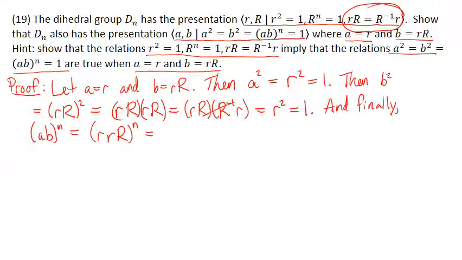So I have r squared there, so this is r squared big R. So r squared is 1, so this is just 1 times R to the n, so that's just R to the n. This 1 is the identity. And then R to the n is also defined in the relations for the dihedral group as being 1, so that's 1. Okay, and that's it.